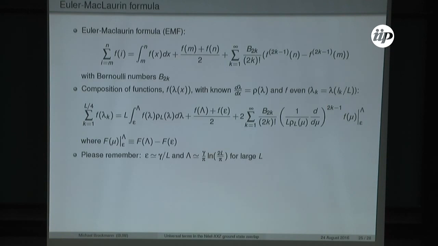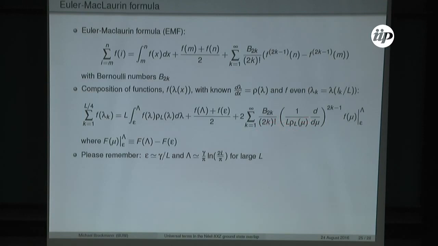And if this were true, you could use it easily, but it's not. So the problem here is that this rho L of mu also decays for large mu. And then this product L times rho L of mu is not big anymore.